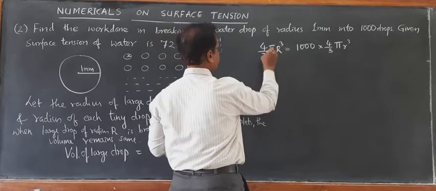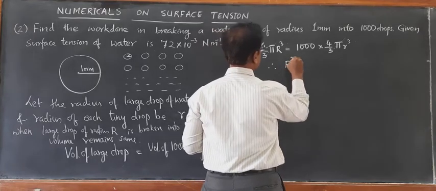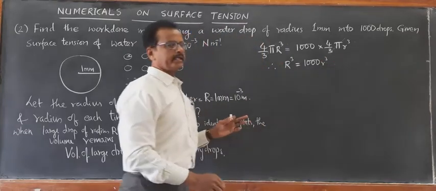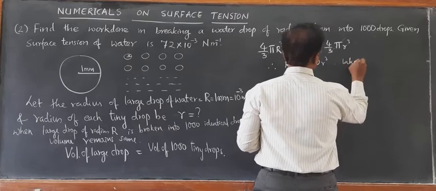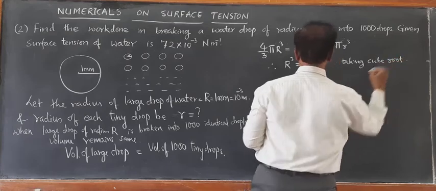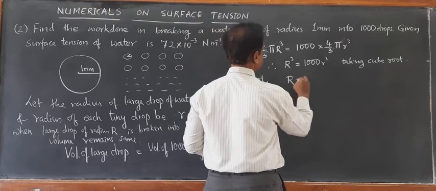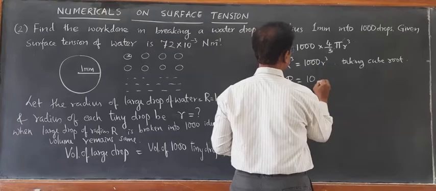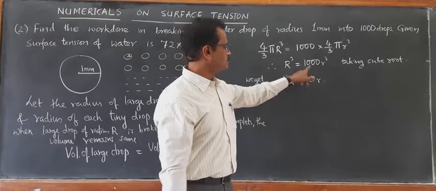So 4 by 3 pi cancels. Therefore, R cube is equal to 1000 small r cube. Taking cube root on both sides, we get R is equal to 10 times small r, since the cube root of R cube is R, the cube root of 1000 is 10, and the cube root of small r cube is small r. Usually in such problems, this will be a perfect cube.